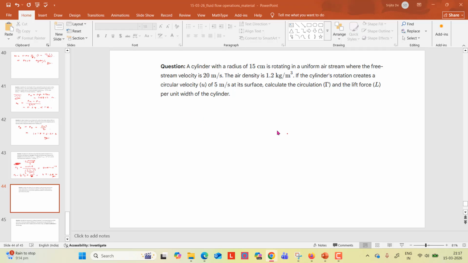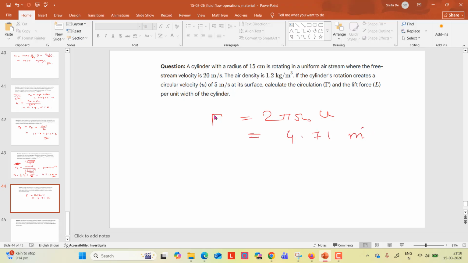So, circulation gamma expression was 2 pi r naught into u. So, from there it will be 2 pi, r naught is your 15 centimeter radius, that is 0.15, into small u is 5, that is coming as 4.71 meter square per second.